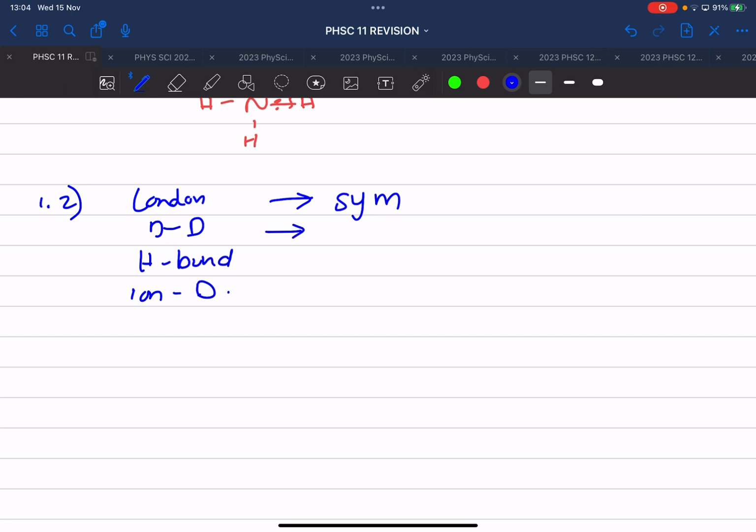Dipole-dipole you find between asymmetrical molecules, but just a little bit polar. For example, hydrogen chloride is not symmetrical, but is not so polar. Hydrogen bond in grade 11, we get with 3 molecules. Only 3 in grade 11.